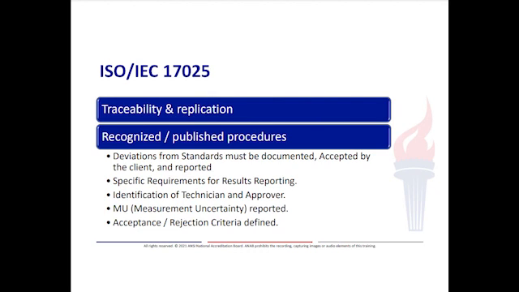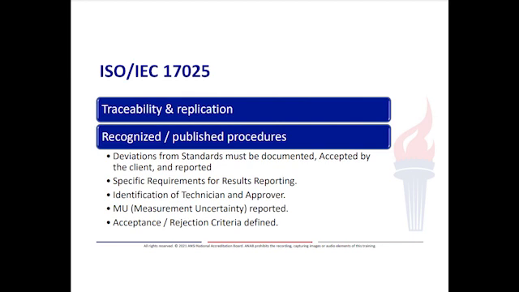Also with 17025, we've talked about traceability and replication, but they also have to be performed. These tests have to be performed to recognized or published procedures, whether they be international, national, regional standards, whatever.